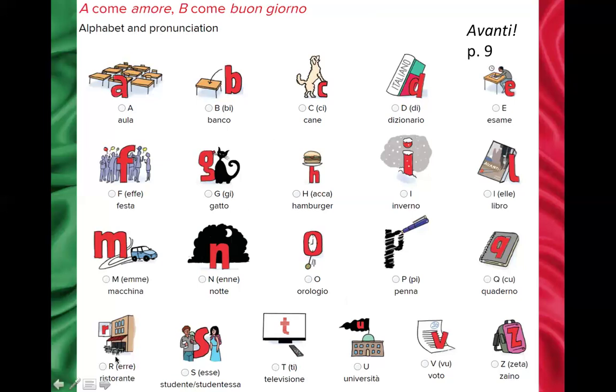We'll go over some of the niceties about things like how and when to roll your R's later. For now, learn the alphabet, and we'll refine these letters and sounds in context as we go on.